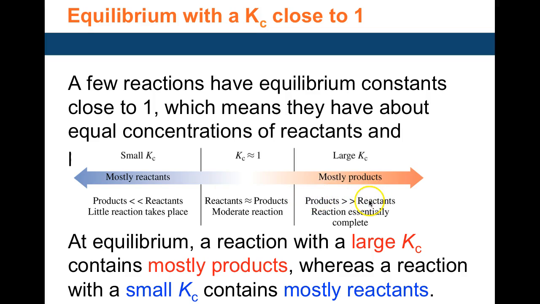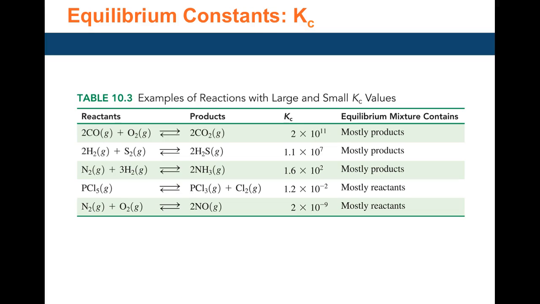If it is small, then that means very little of the reactants are getting transformed. So these numbers are showing you what's present in the equilibrium mixture. This number is much greater than 1, so mostly products. Anything greater than 1 is mostly products. Anything less than 1 means it's mostly reactants.